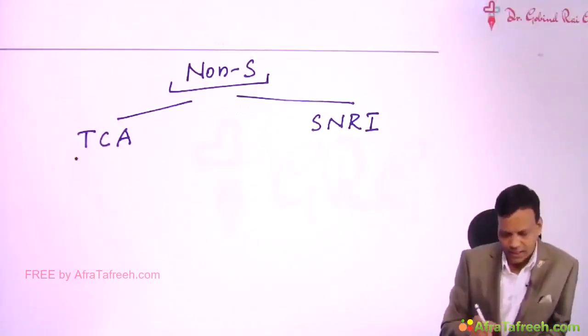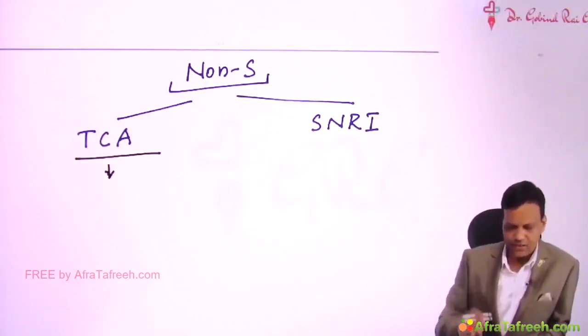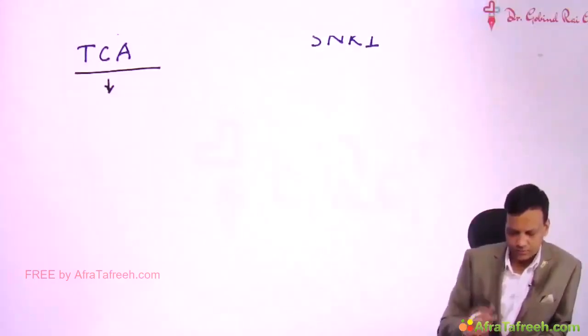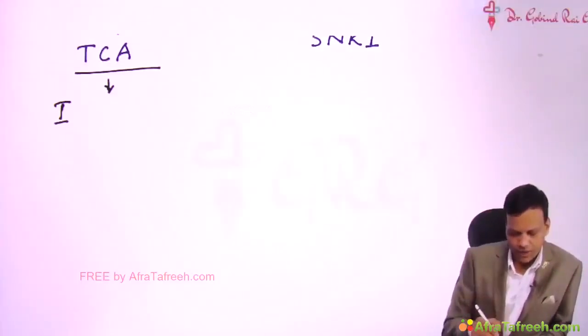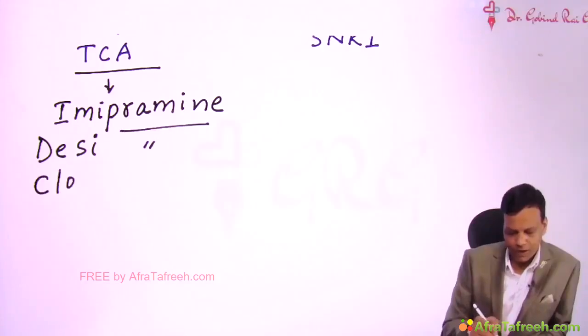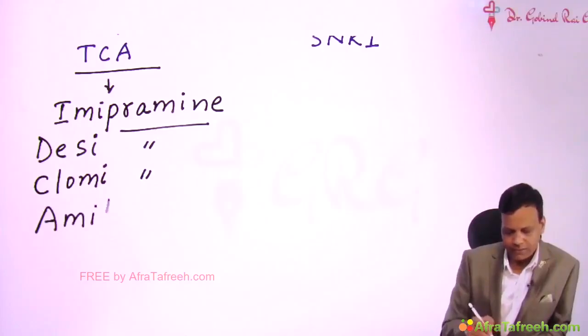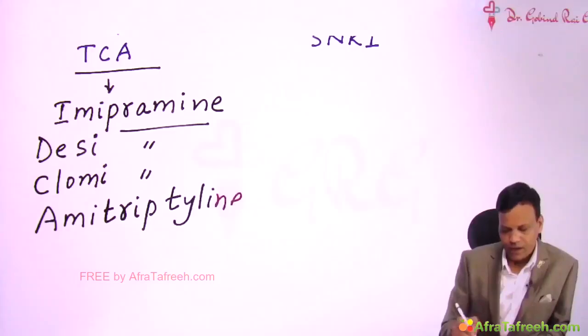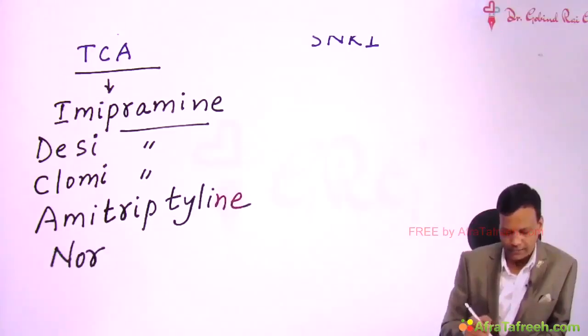The tricyclic antidepressants and the related drugs include imipramine, desipramine, clomipramine, amitriptyline, and nortriptyline.